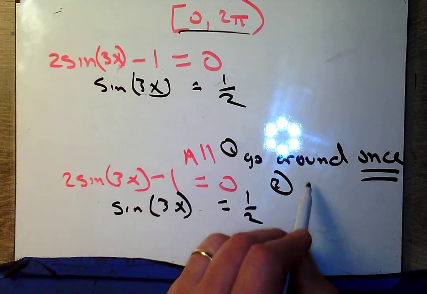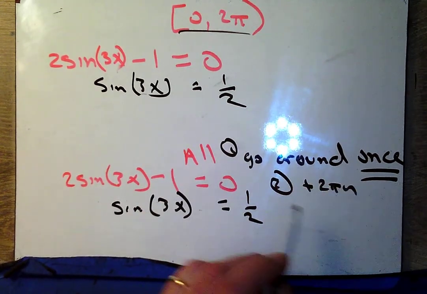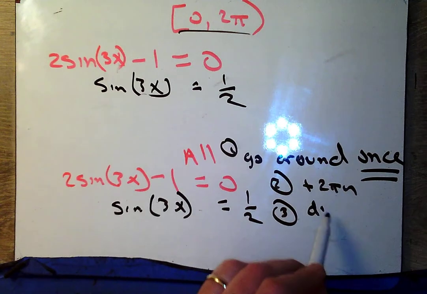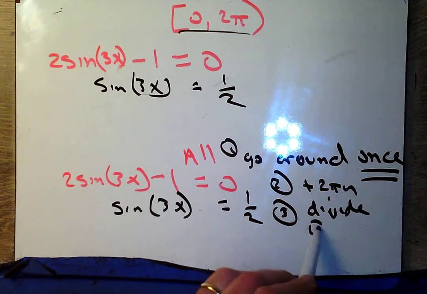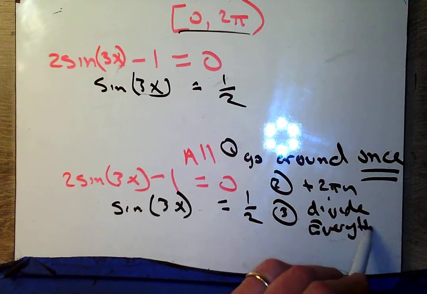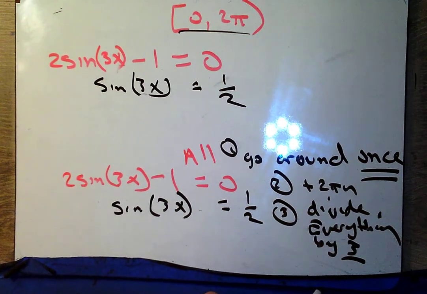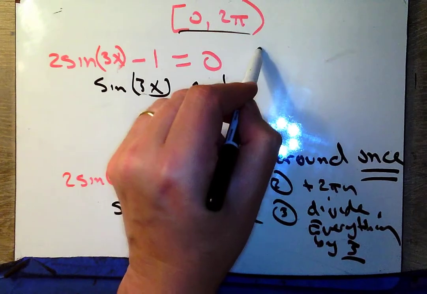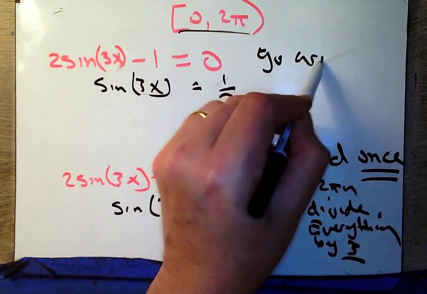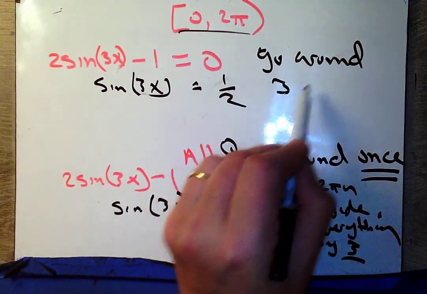And then I add my plus 2 pi n, and then I divide everything by 3. In the other situation, that's the one where I go around 3 times.